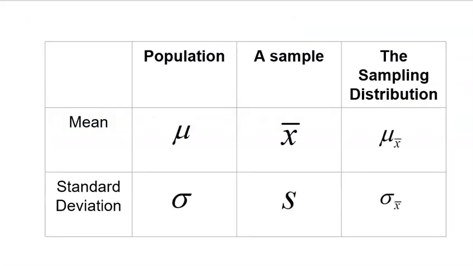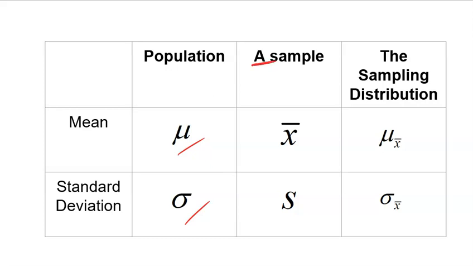Now, let's make sure we get a picture of all this. So this is literally what I was just saying. A population does have a true mean, which we call mu, and a standard deviation, because every individual giraffe will vary from that truth. So there's a standard deviation to talk about a single giraffe, how that single giraffe could vary.